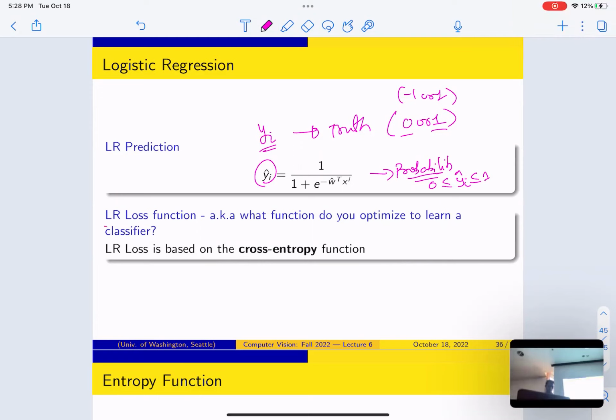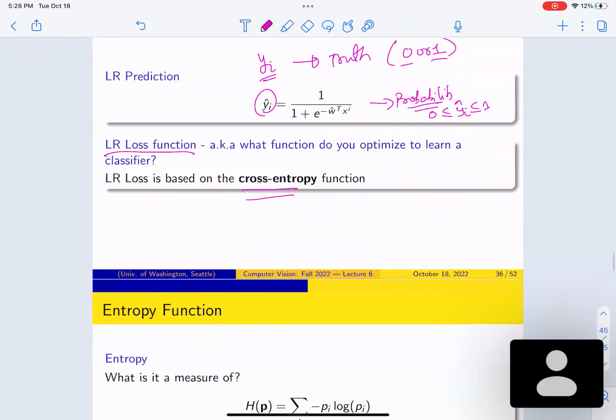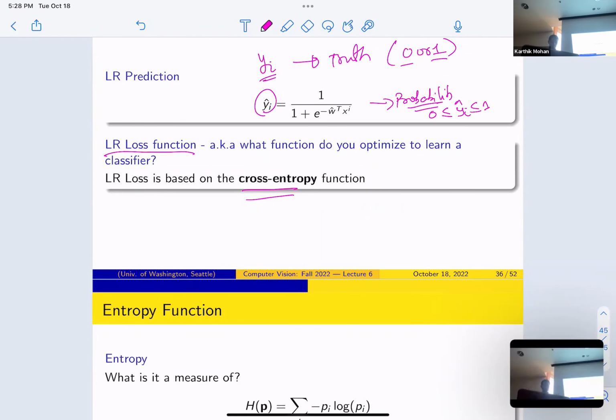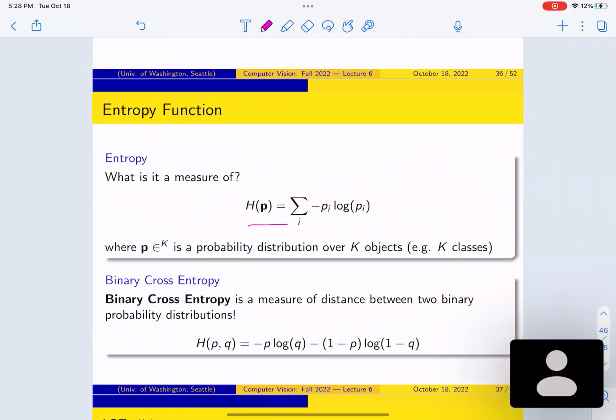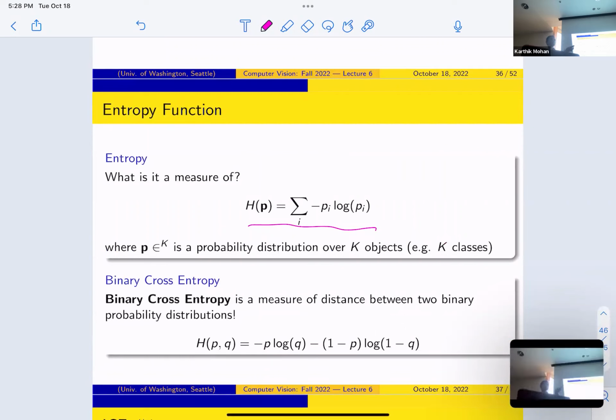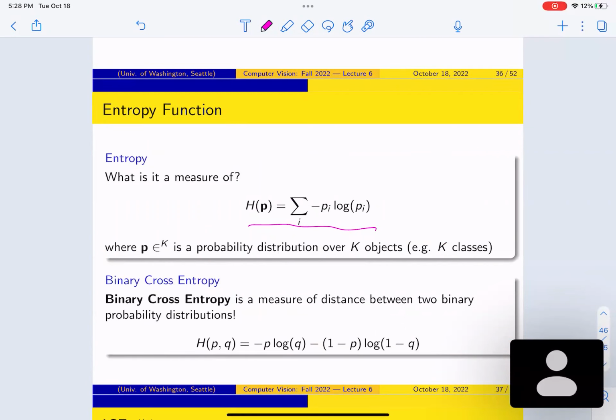But to do that, you need a loss function. A loss function is something that can guide your algorithm to learn how to predict the right way based on your data. So what is the loss function that's used by LR? It's the cross entropy. This is something that you will see come up in many places. The cross entropy is a very useful loss function in homework, so look at it. So what is entropy? Entropy is given by the expression, but based on what you know, what would you say entropy measures?